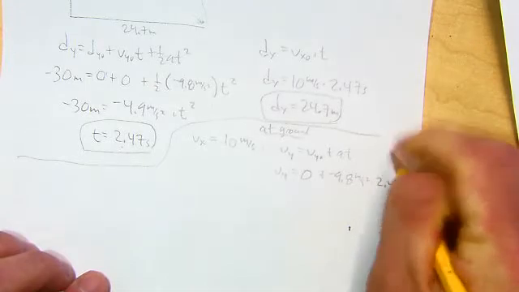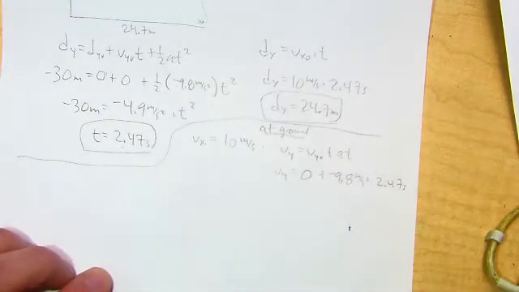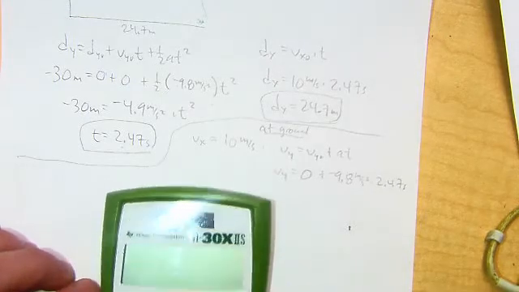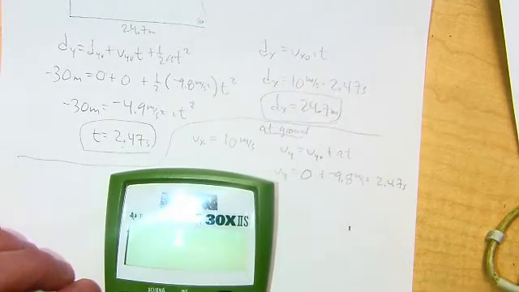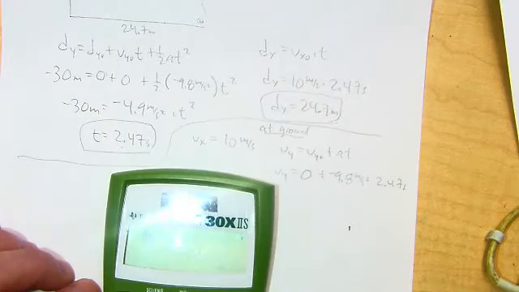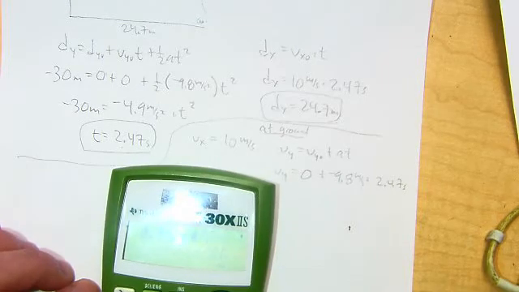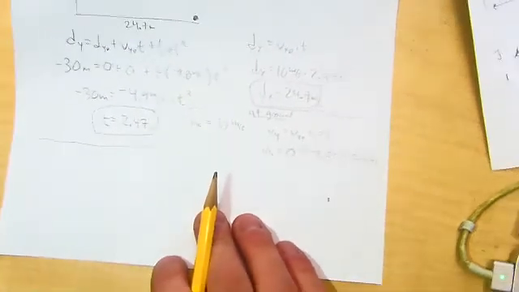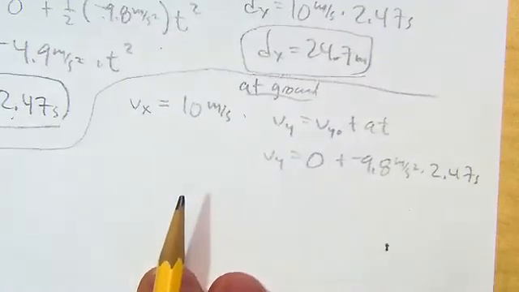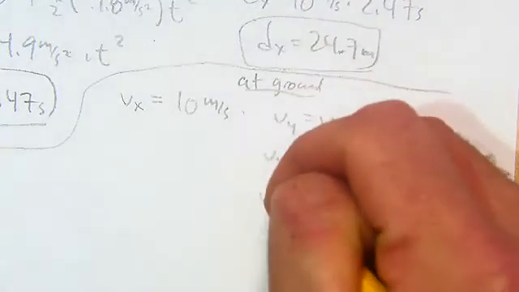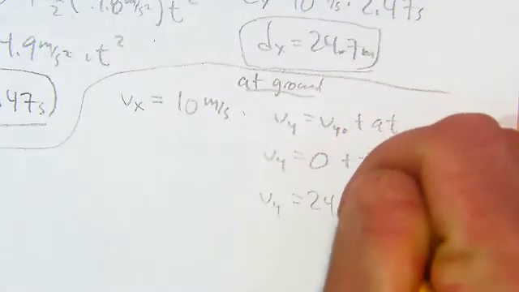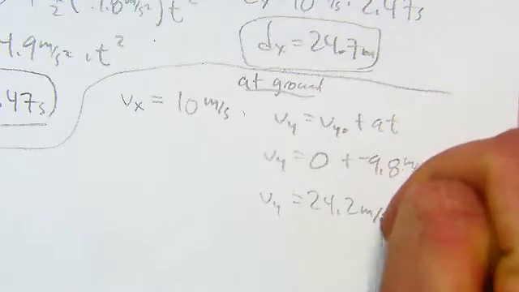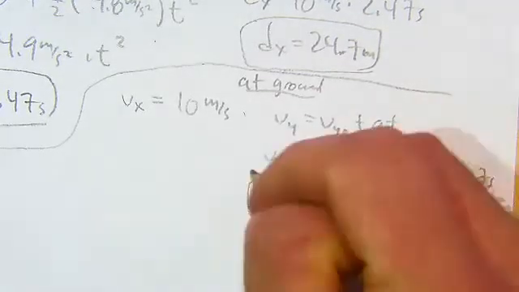So really, we're just talking 9.8 times 2.47, which is 24.2 meters per second. Zoom in there, it's kind of blurry. So we got this scenario when it hits the ground.